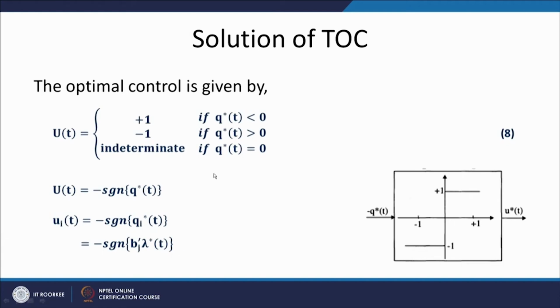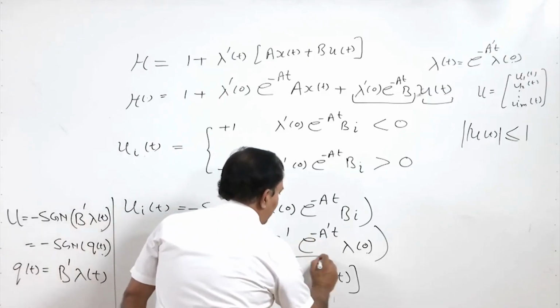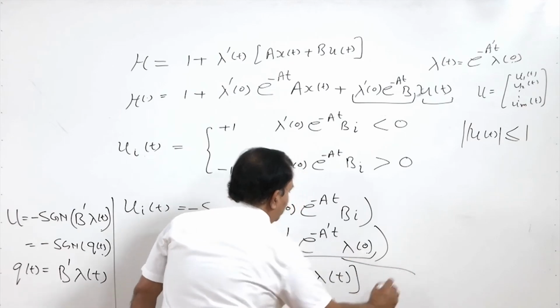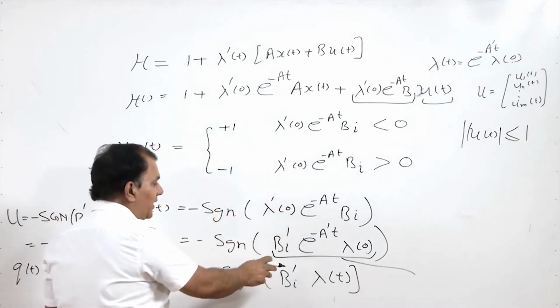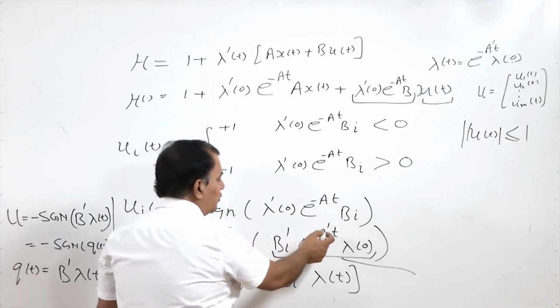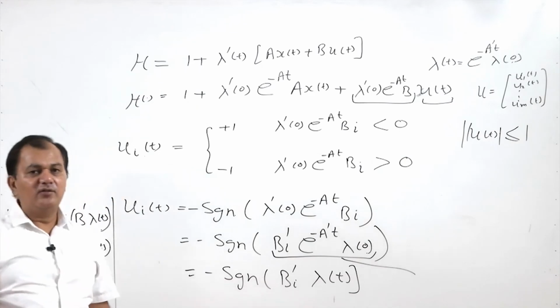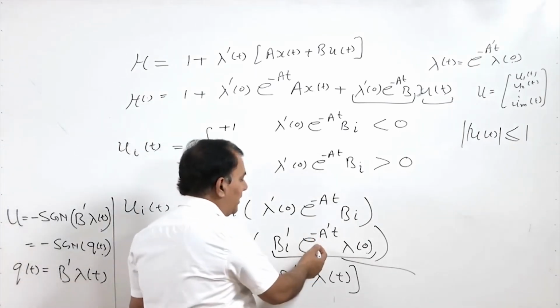Say, when qt may be 0, this is B prime. If I concentrate on this term, B is my input vector. So, there is a non-zero element in this, e to the power minus A transpose t, this is nothing but my transition matrix, it cannot be a null matrix.